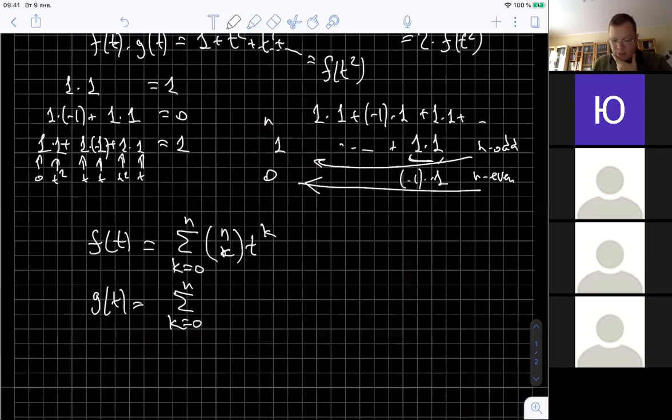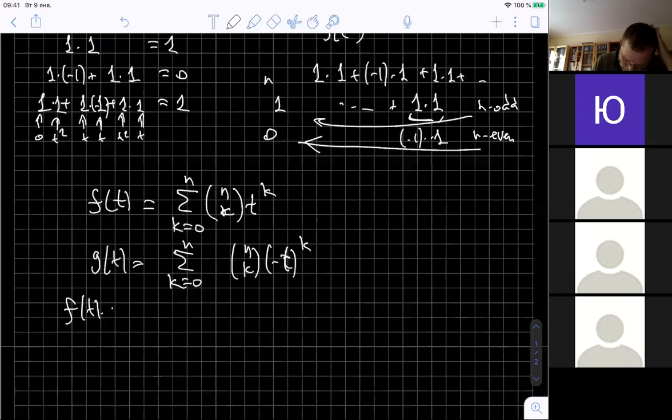We assume that if the power is greater than n, then the coefficient will be 0. And g of t is equal to the sum from k equals 0 to n of n choose k times minus t to the k-th power. So can we find the product of these two formal power series and the square of f?